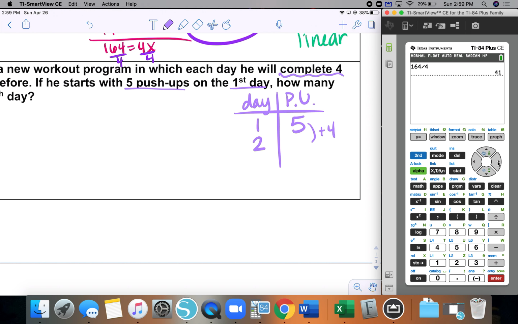So if we add 4 push-ups to the 5 he did the day before, then he would do 9. For day 3, he's going to do 4 more, so he would do 13. Now if you notice, my x's and my y's are increasing by the same amount every time. So this is also going to be a linear function.